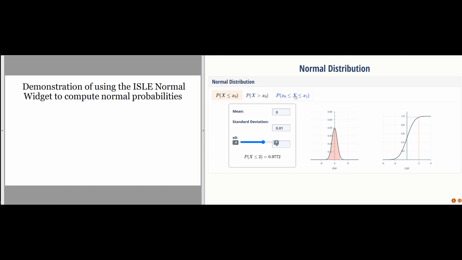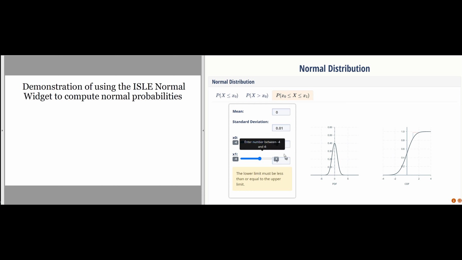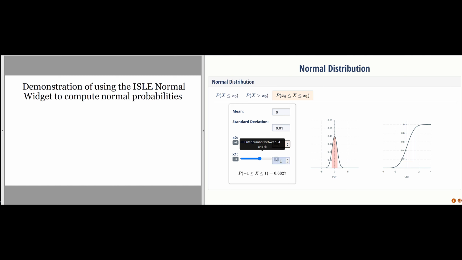And I can also ask for the probability of falling in between 2 values. Here, let's try. I want to find out what the probability is of being between -1 standard deviation and 1 standard deviation. Okay, this is a number that you'll end up more or less memorizing. The probability of being within the range from minus a standard deviation to plus a standard deviation is about 68%, just a little more than 2/3.